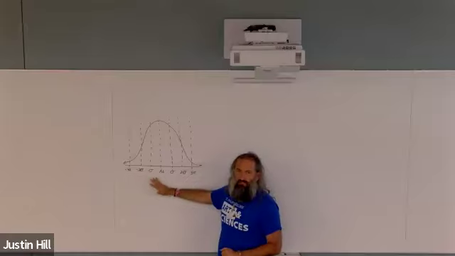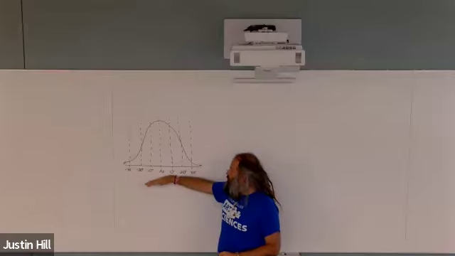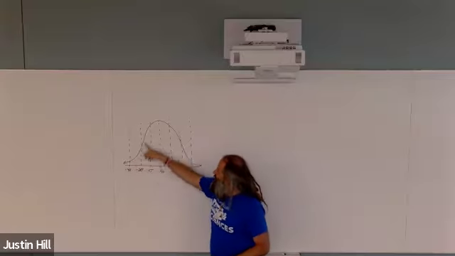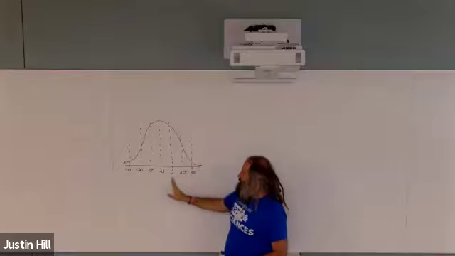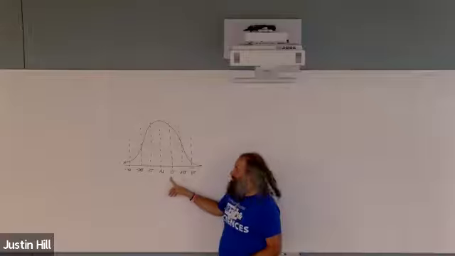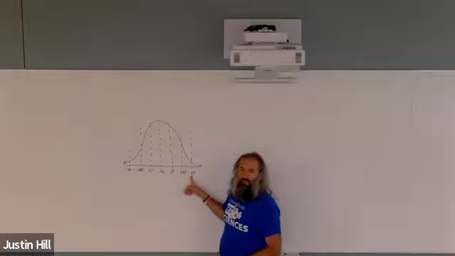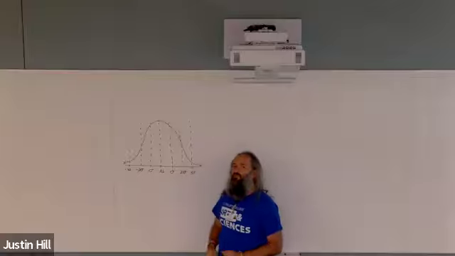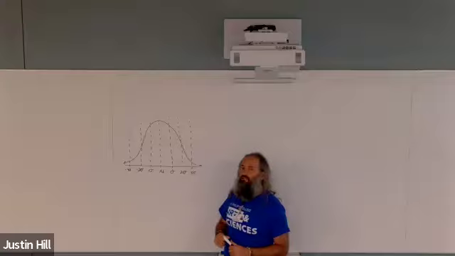It's completely abstract, or completely general. But what that means is, if I have any distribution that looks like this, no matter what the context is, I can use the standard deviation as a way to count position. Count how far something is above or below the mean.